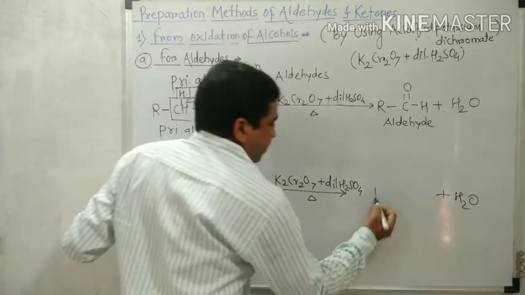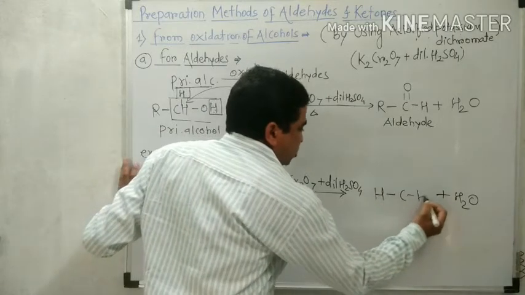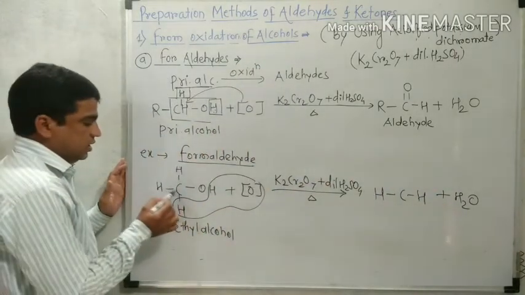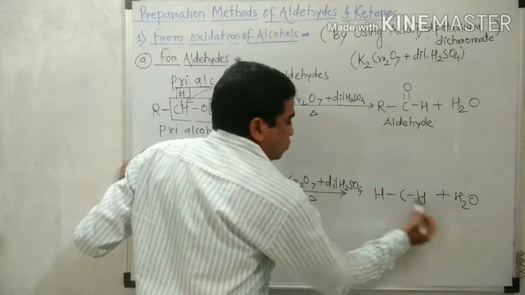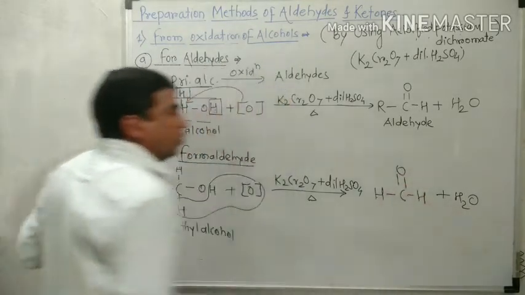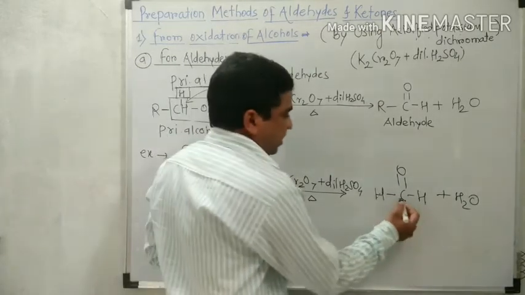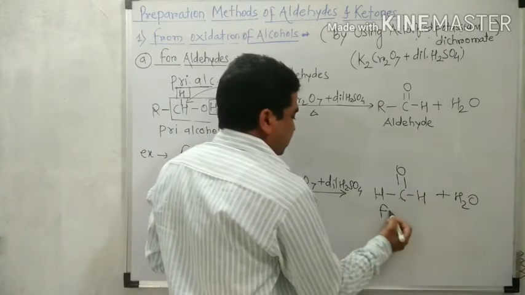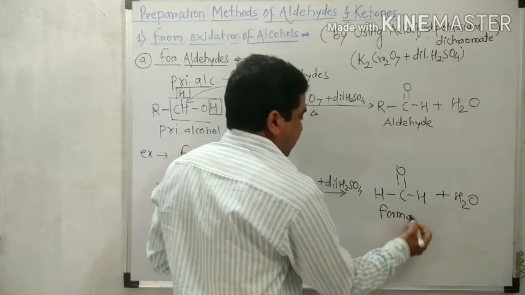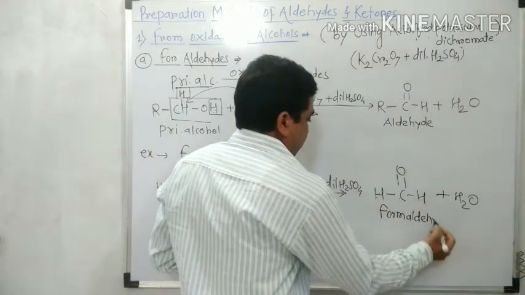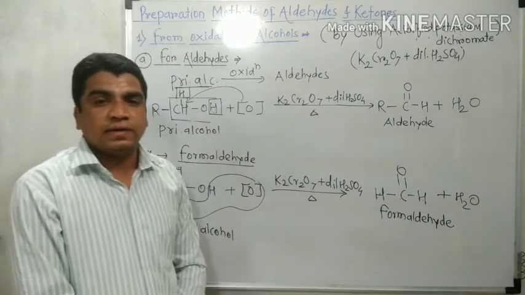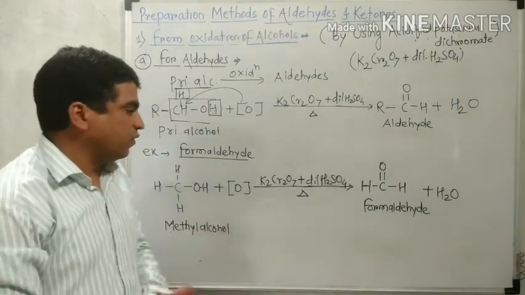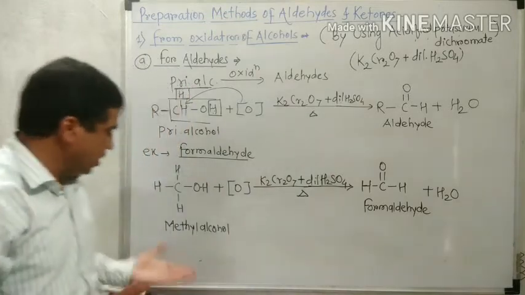We can write that as CH2=O, with a double bond to O. Yes, H-C double bond O-H is the structure of formaldehyde. So, how do we prepare formaldehyde from methyl alcohol?